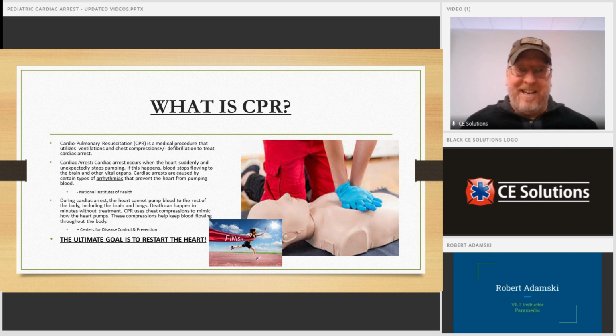ROSC stands for return of spontaneous circulation. That's what we're trying to achieve. Because if we achieve that in the pre-hospital care setting, that's going to give that patient the best chance at surviving that cardiac arrest incident, that life-threatening medical emergency, and then potentially being discharged from the hospital and going on to live a normal life. Okay? That's our goal.